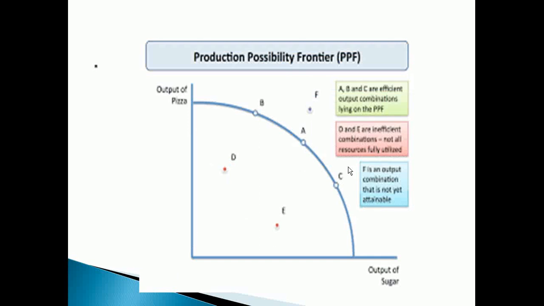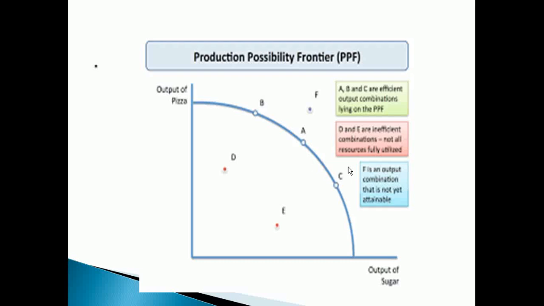Points A, B, and C fall on the production possibility curve, and it is proof that all the resources are fully utilized. The combination has shown efficiency of output. Points D and E are inefficient combinations because not all resources are fully used.